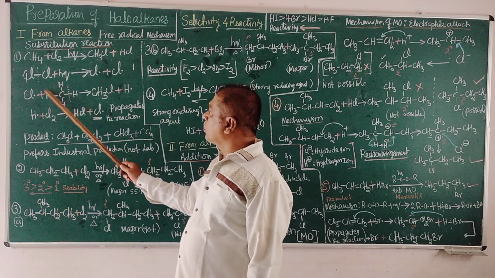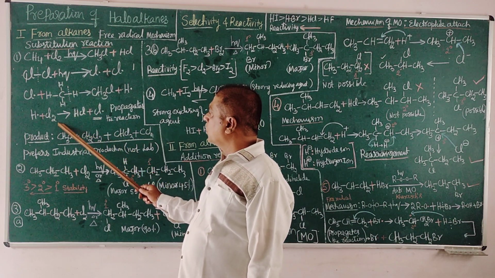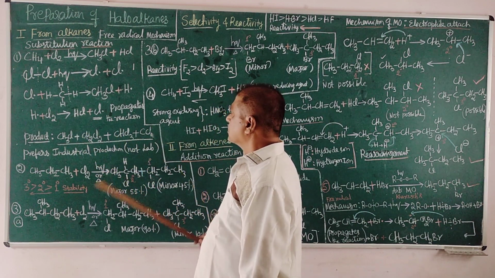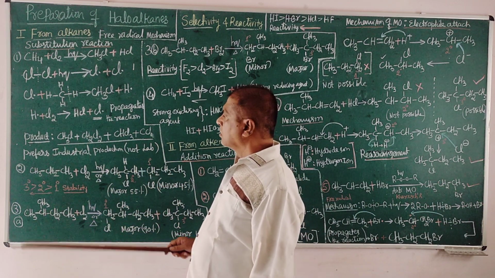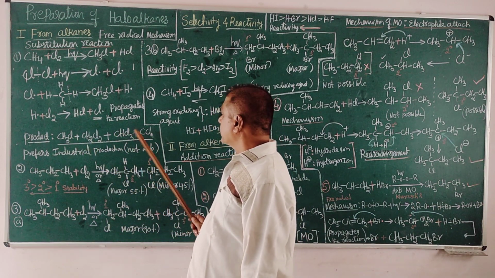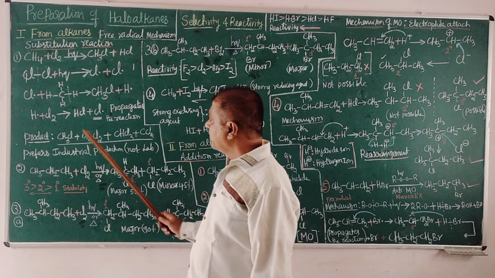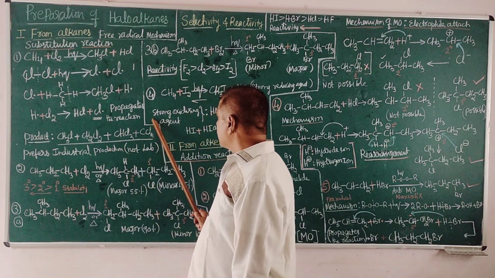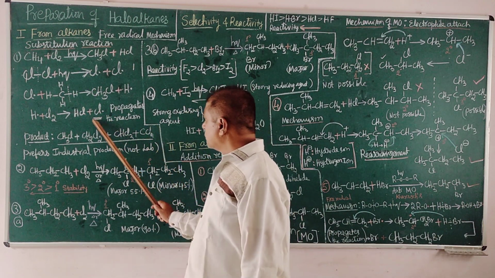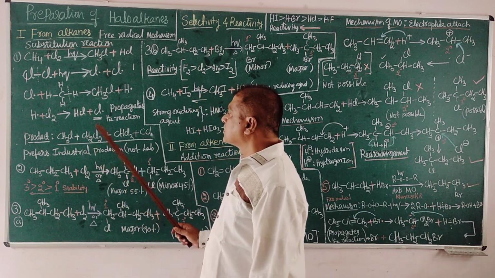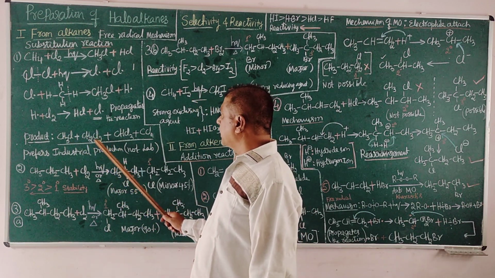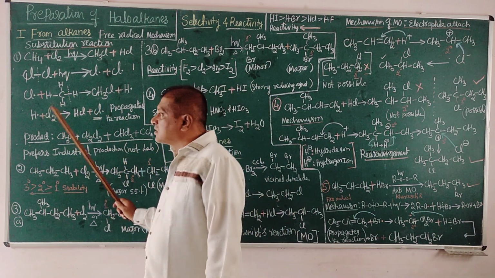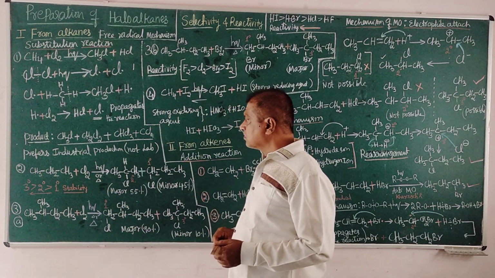If you take more methane compared to chlorine, these two become the major products and these two become minor products. But if you take relatively more chlorine than methane, these two become the major products and these two become minor products. The relative amounts depend on the relative amounts of the two reactants we take at initiation.